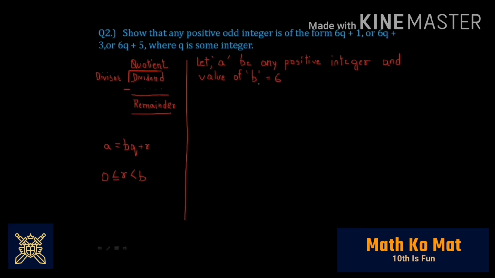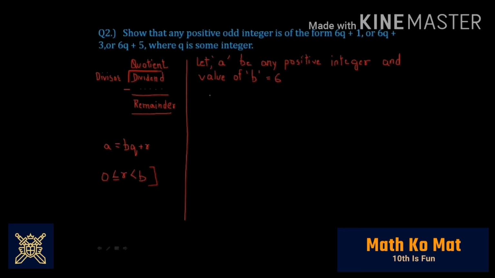So let's start. As we had seen in this part, r has a value which is equal to or greater than 0 but is smaller than b. In this question, we have the value of b as 6.